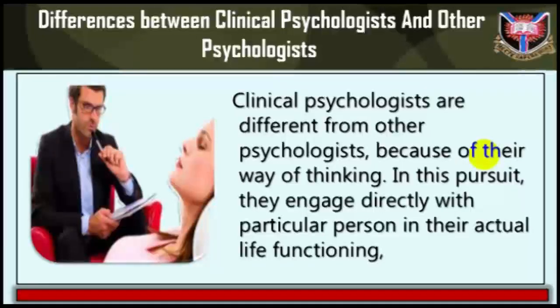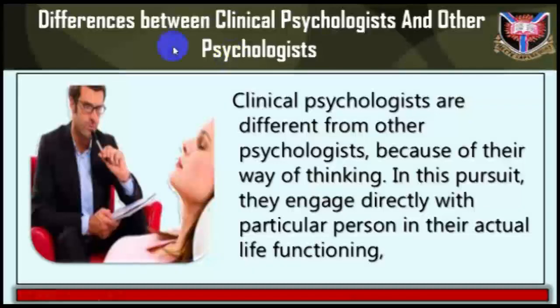It is more a way of thinking, the clinical attitude that emphasizes particular subject matters or techniques. Clinicians are concerned with understanding and helping individuals in psychological distress. In this pursuit, they engage directly with the particular person in their actual life.